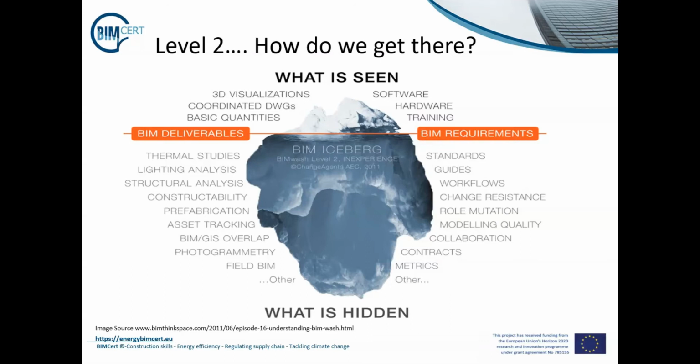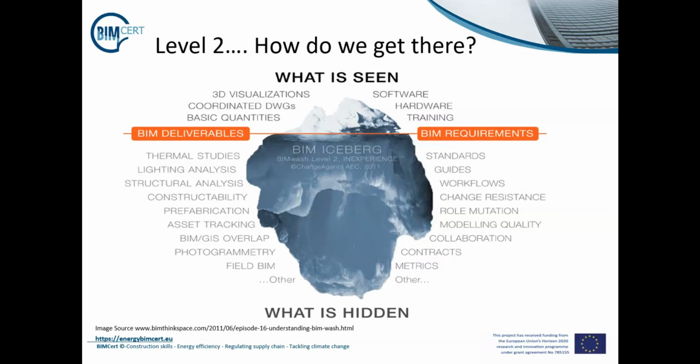Underneath, if we look at the iceberg, there are a lot more requirements in order to execute a successful Level 2 strategy. We need standards such as ISO 19650, which we will look at, guides, workflows, and change resistance procedures to ensure that BIM is successfully championed within the company.